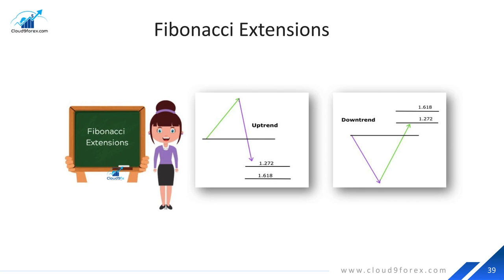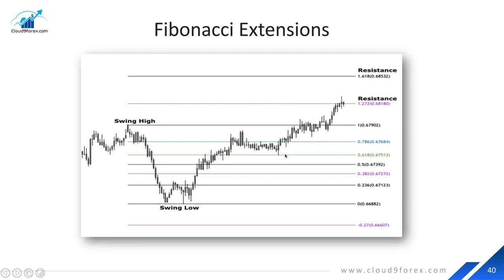So Fibonacci extensions. These are when it goes past the 0% or the 100 in a downtrend. So swing high to swing low. 0%, 100% at the top.